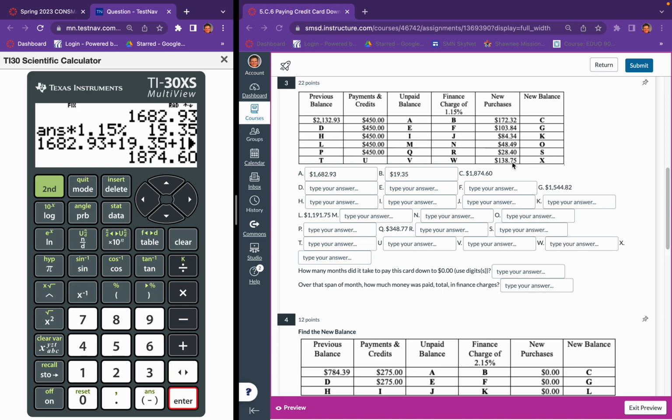So now we owe $1,874.60. And again, I gave you that answer to help ensure that you are doing it correctly so far.